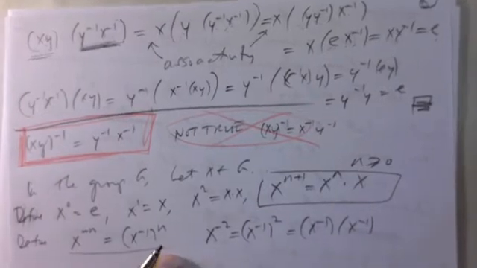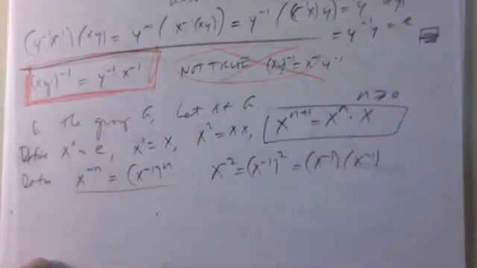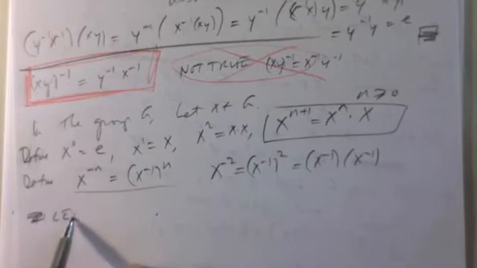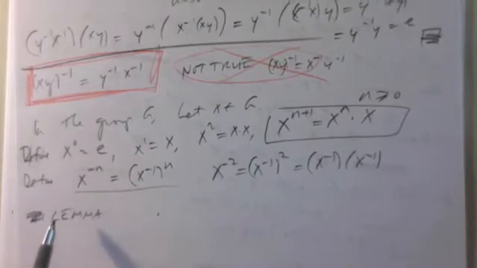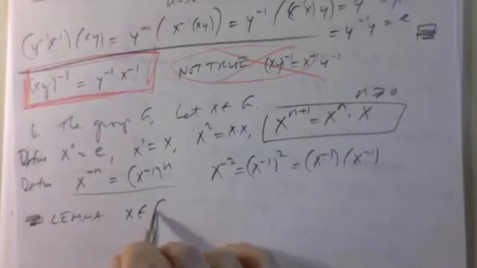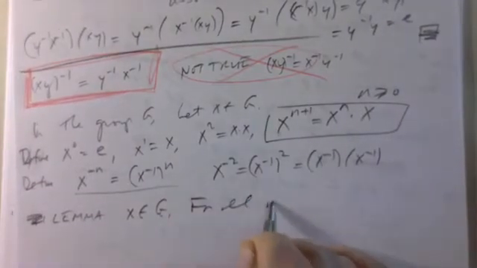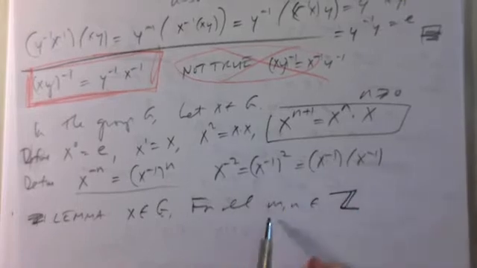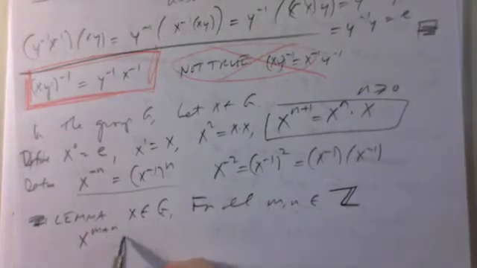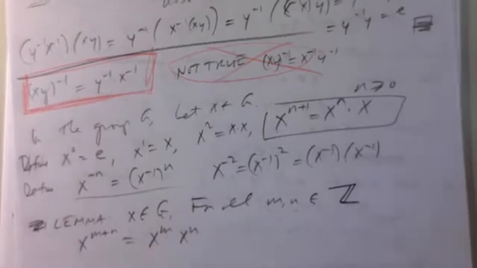So we're defining the powers of X, and there is a theorem or a lemma in the notes that says the following. For X in G, for all integers m and n, where Z is the set of integers, X to the power m plus n is X to the m times X to the n.